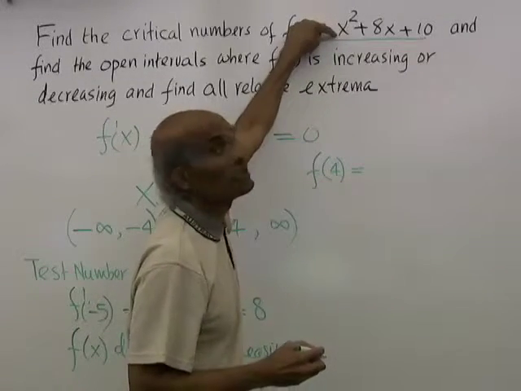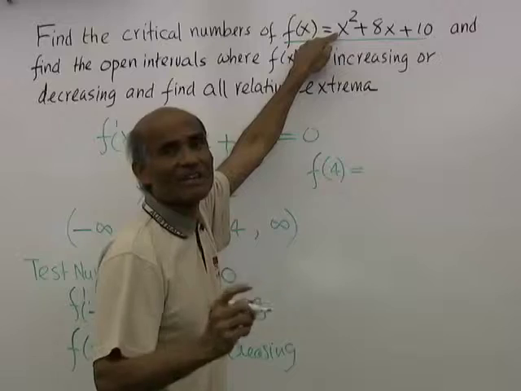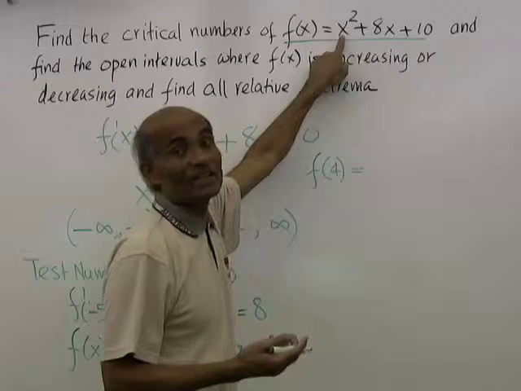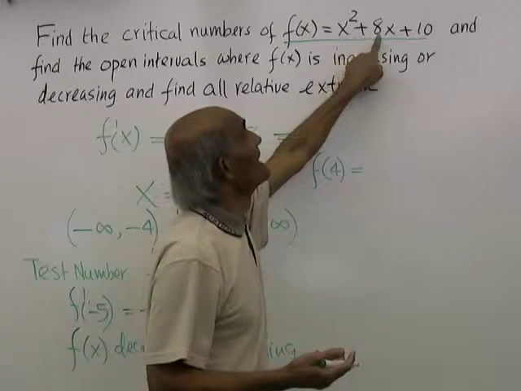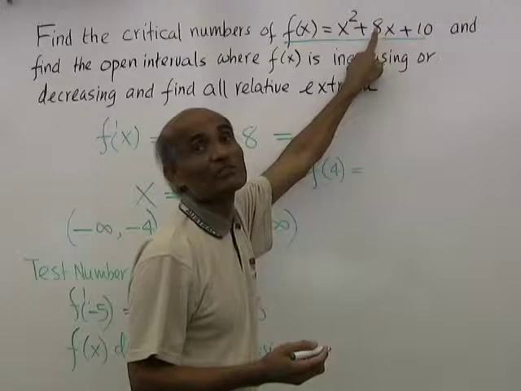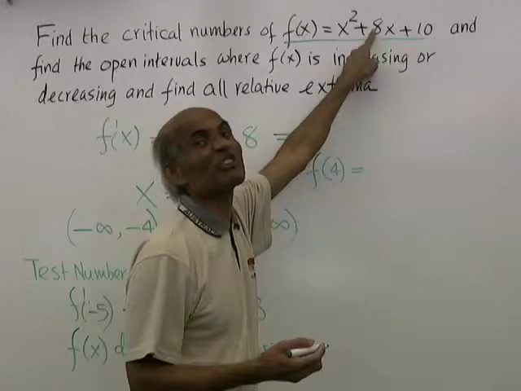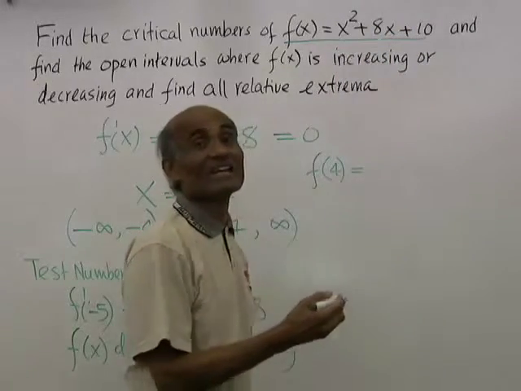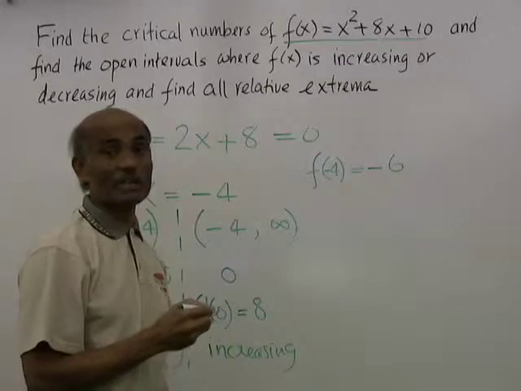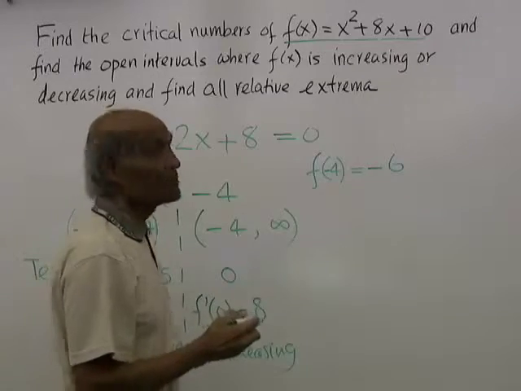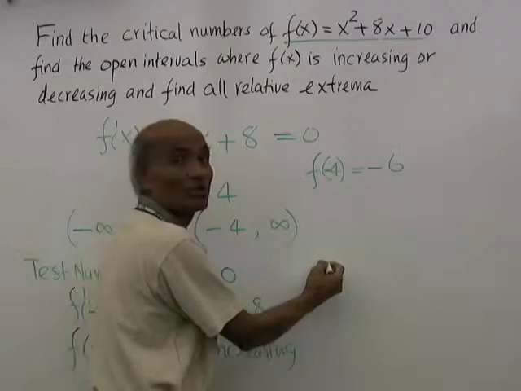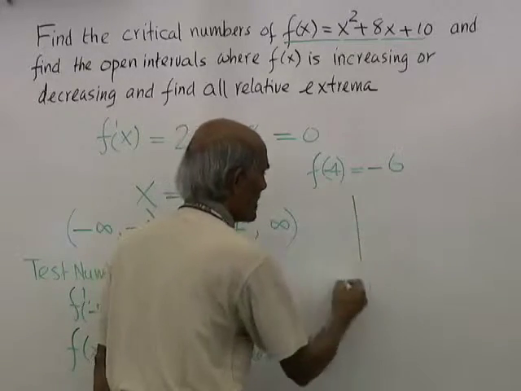Well, you can do that maybe mentally, but I'm going to show it to you on the calculator how you can do that quickly. -4 squared is 16. 8 times -4 is -32. -32 plus 16 is -16. Plus 10 is -6. So f of -4 is -6. That means you can now draw the graph of the function if you want.